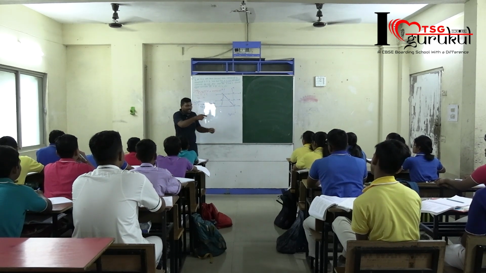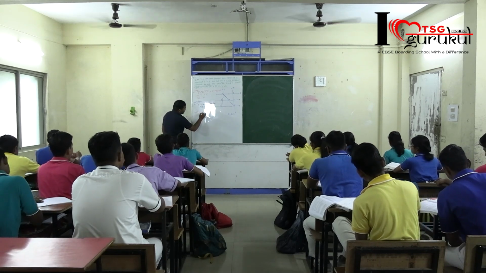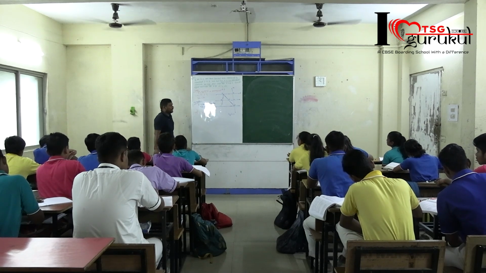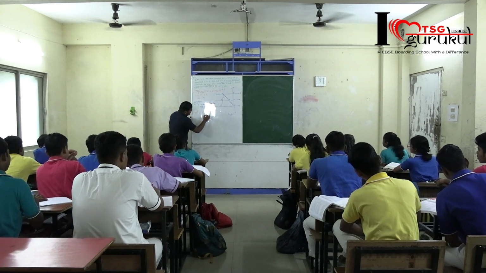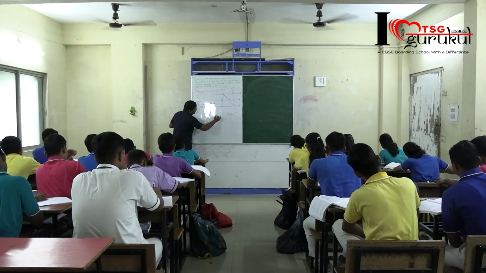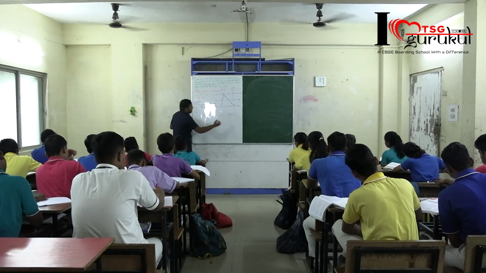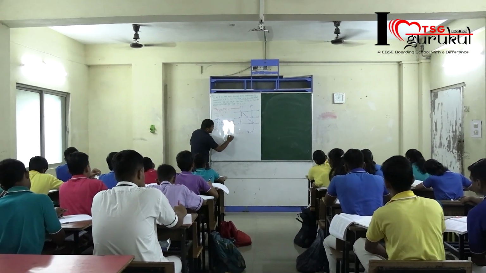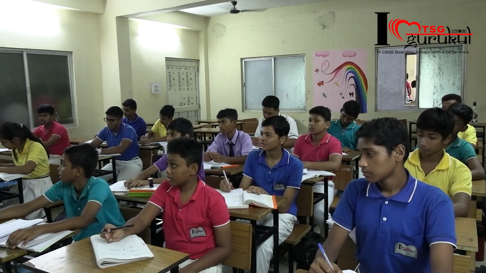Everyone clear? Now, in triangle ACF, B is the midpoint of AC and BG is parallel to CF. Why?